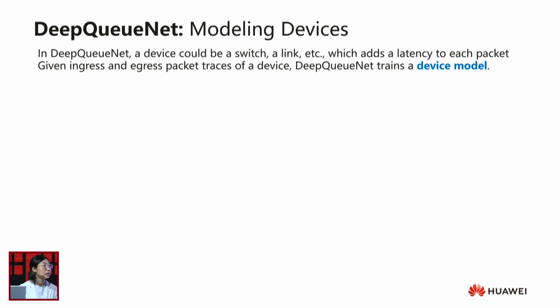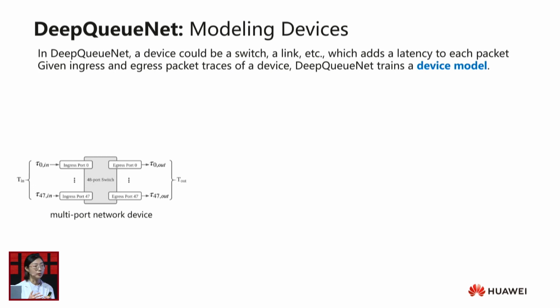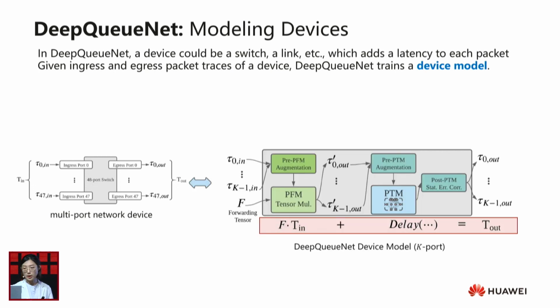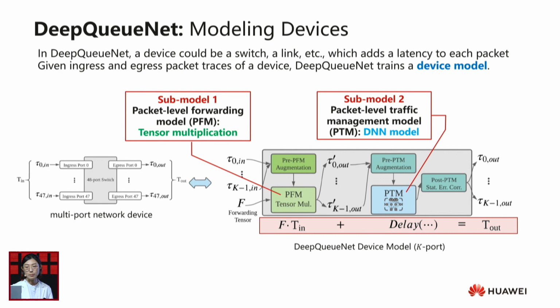Let's see the previously mentioned 3 parts one by one. For modeling devices, a device could be a switch, a link, etc., which will add latency to each packet that enters the system. Given the ingress and egress packet traces of a device, DeepQueueNet can train a device model. Generally speaking, for a multi-port device, its DeepQueueNet model looks like this. It is composed of two sub-models: the packet-level forwarding model, PFM for short, and the packet-level traffic management model, PTM for short.